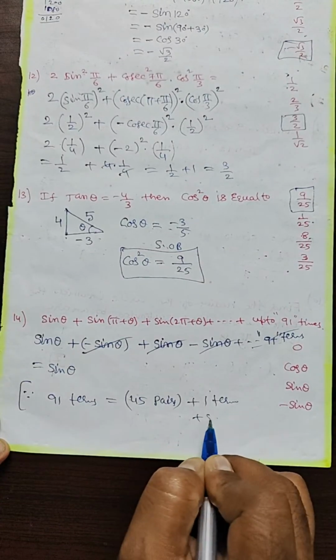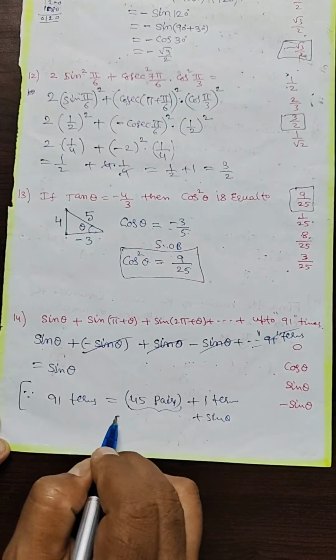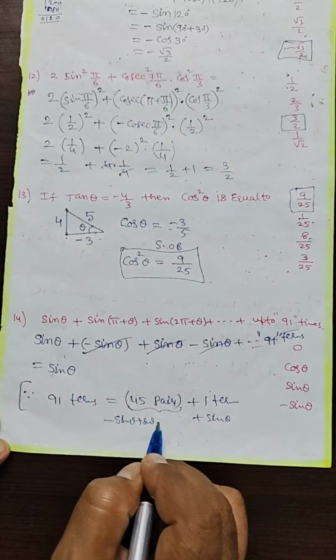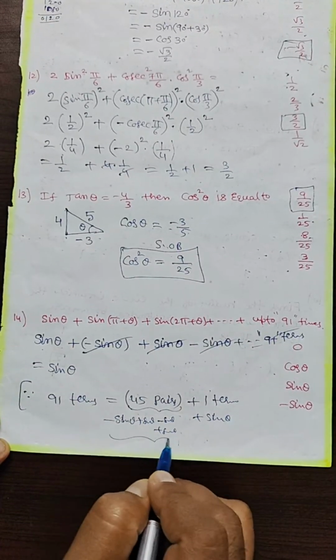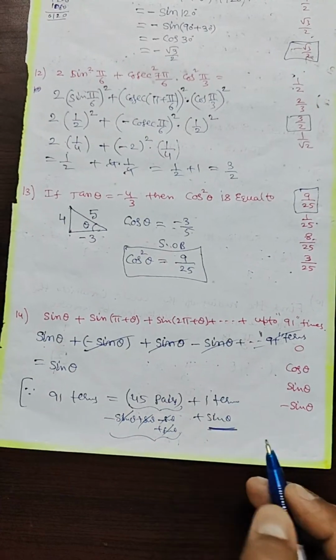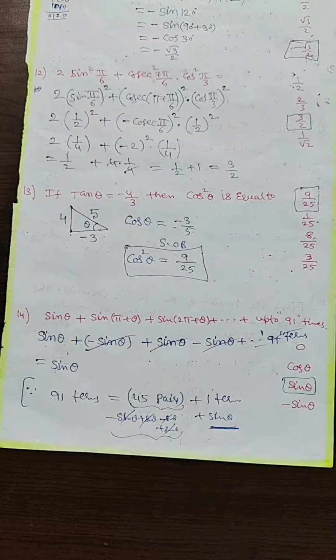That one extra term is only sin theta, dear students. In these 45 pairs, sin theta minus sin theta, minus sin theta plus sin theta, like this way all these values cancel except this. So remaining is sin theta. This is your final answer, dear students. I hope you understand. We'll move on to the other question.